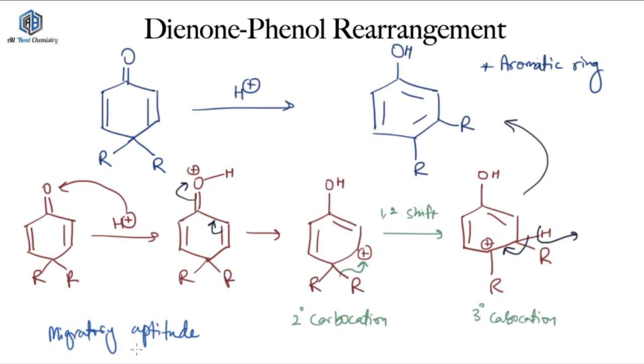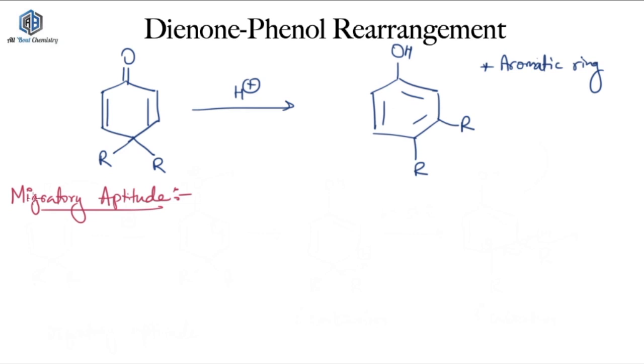So let me just discuss a little bit about migratory aptitude. I hope you all know about it, but I'll just discuss the basics of it. Migratory aptitude helps you to find out, if you have two groups or two substituents to migrate, which one will migrate first. I'll write down an order which is followed in this Dienone-Phenol rearrangement.